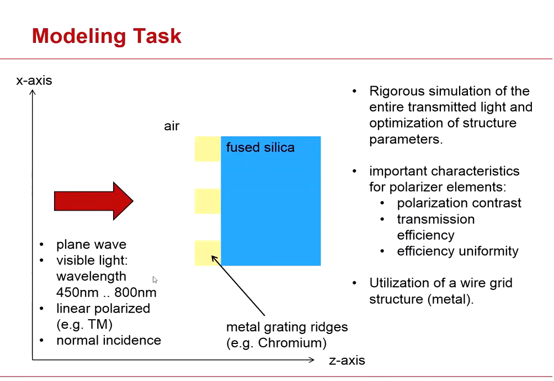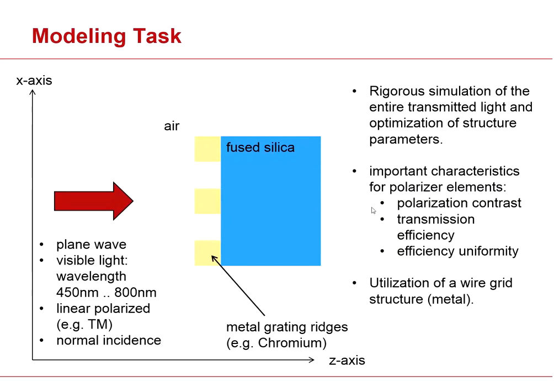So here again, we have the wavelength range in the visible range. We have a plane incident wave, and we have here the grating, for example, made of chromium, and we want to control the polarization contrast, which is defined in a minute, and of course also the transmission efficiency for the different components of the electric field.